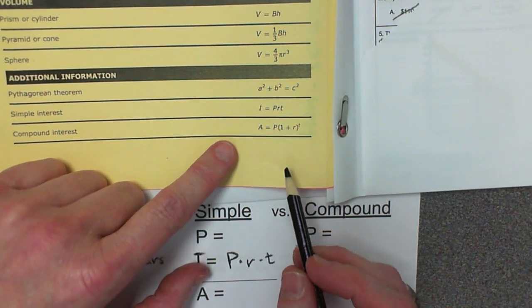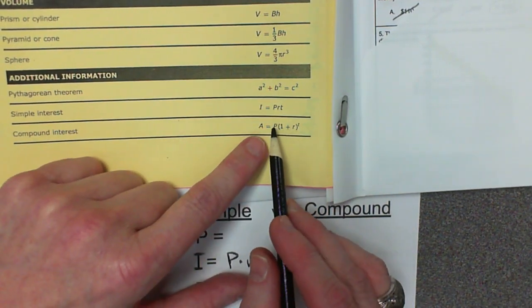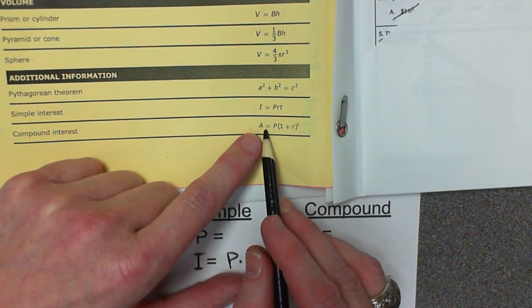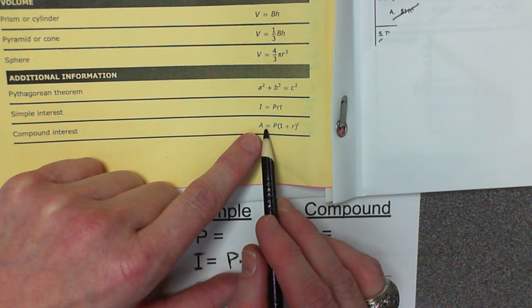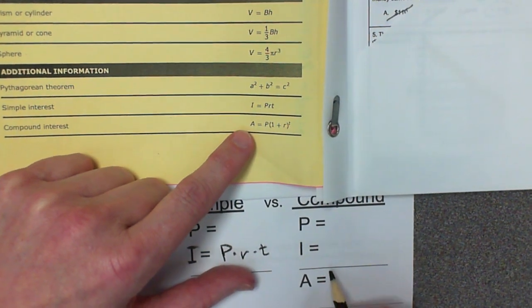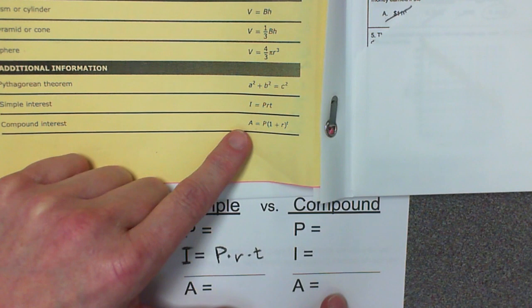And for compound interest, we're going to do the same thing, but you can see for compound interest, it calculates your overall account balance. That's capital A, so that's going to go in this box here.